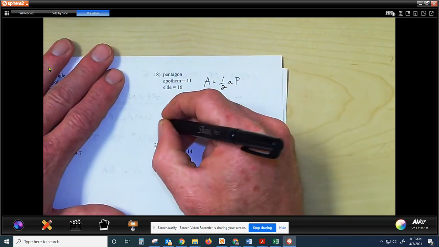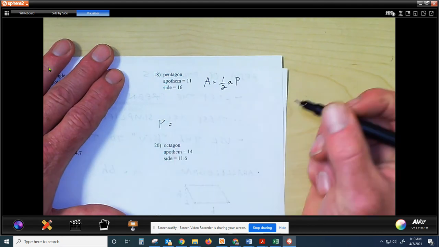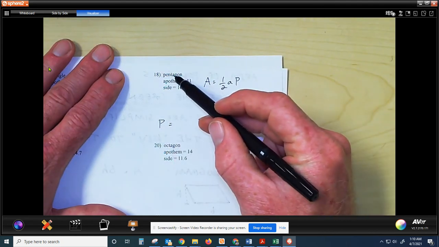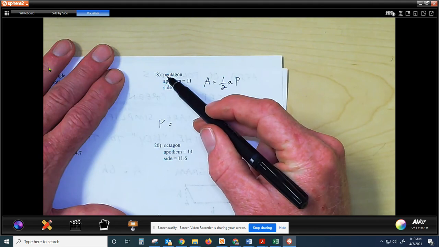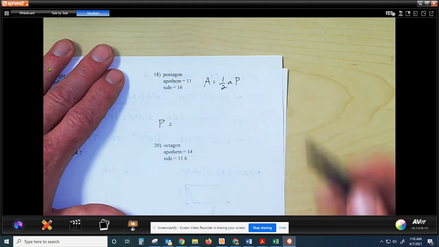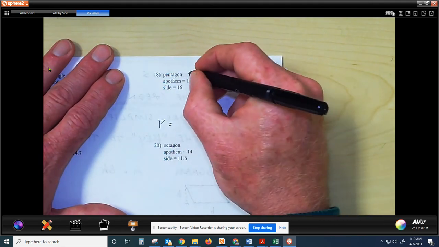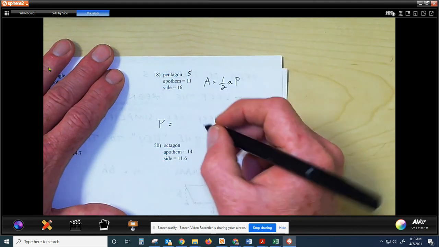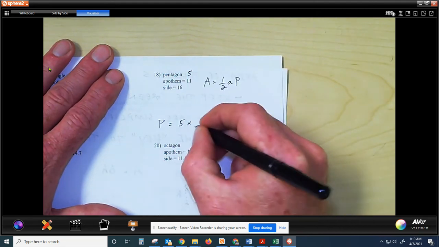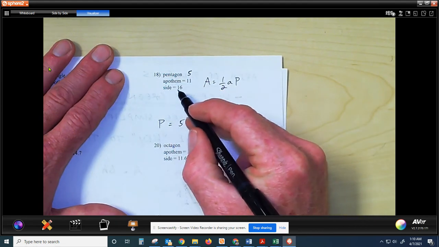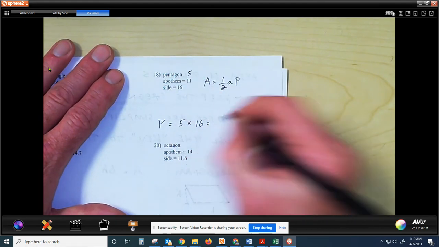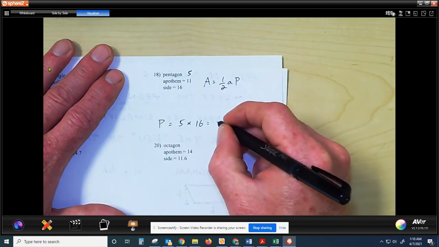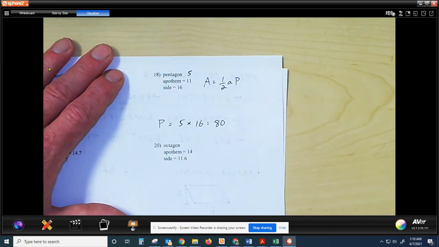Let's look at the perimeter. Perimeter tells me pentagon. If I'm not sure how many sides a pentagon has, I would ask. I would figure it out for certain. It has 5 sides. So I'm going to multiply 5 times the length of the side, and that's 16. And that comes to 80 units of length.